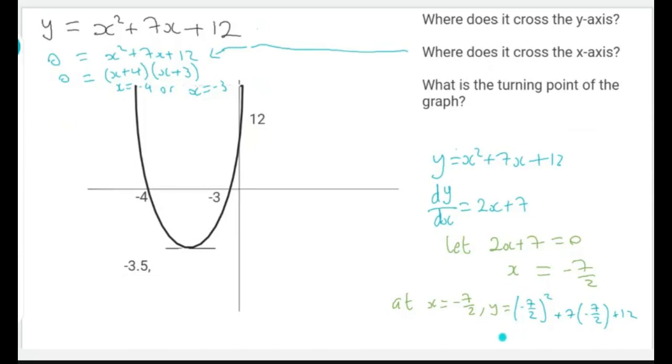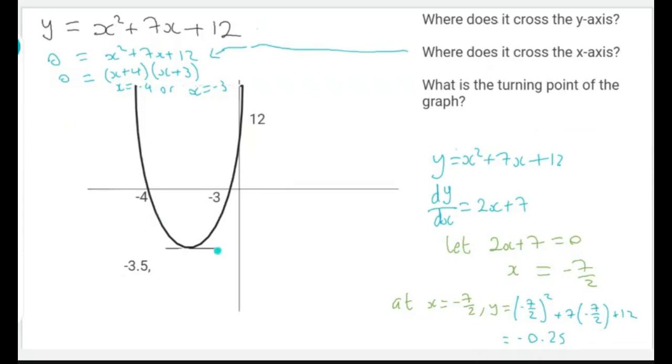And you got minus 0.25. So that becomes 49 over 4 minus 49 over 2, which gives me minus 49 over 4. And then 12 is 48 over 4. So minus 49 over 4 plus 48 over 4 is minus 1 over 4. Okay, cool. Yep, that works.